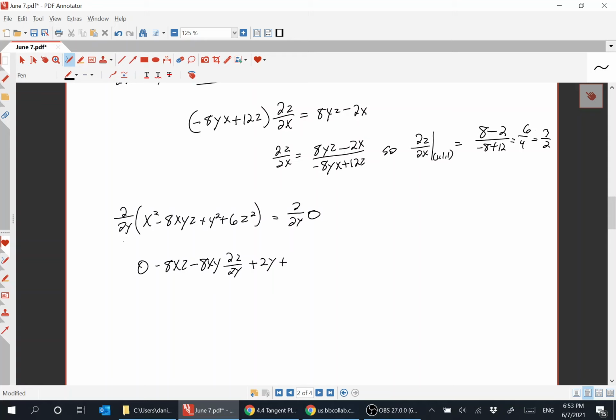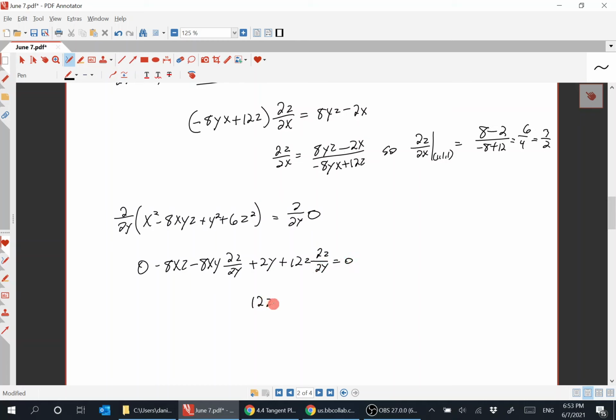Just like before, 12z, the derivative of the outer function, times the derivative of the inner function, which is z, dz dy.